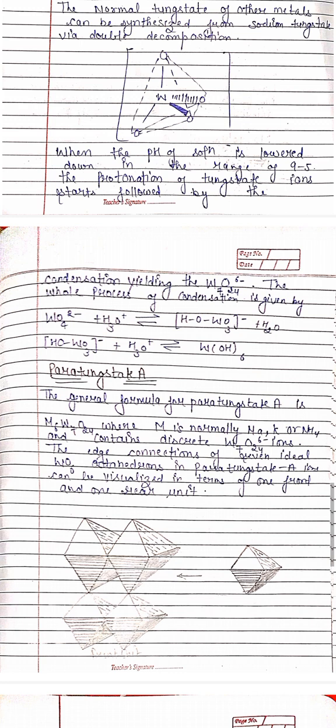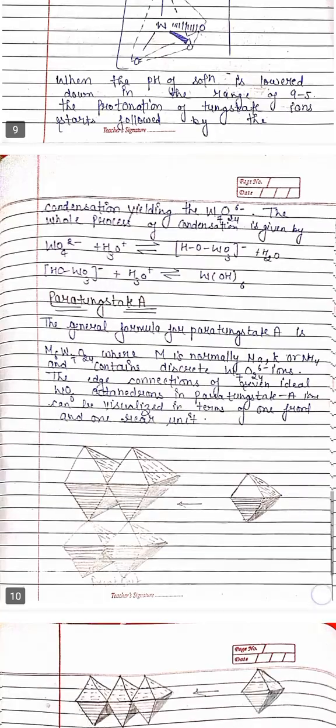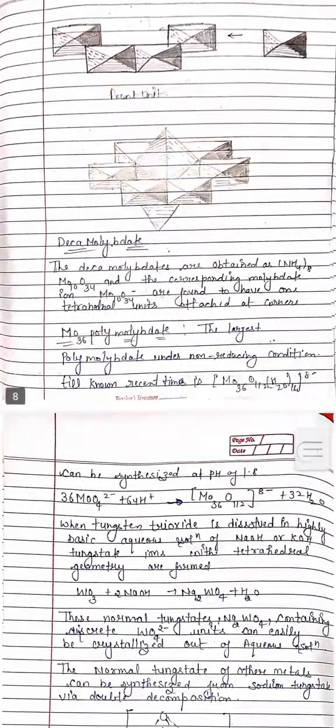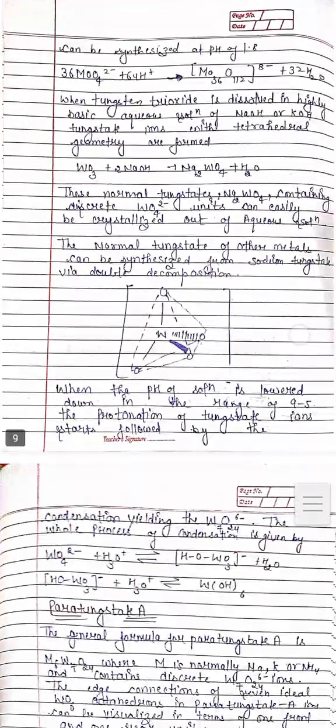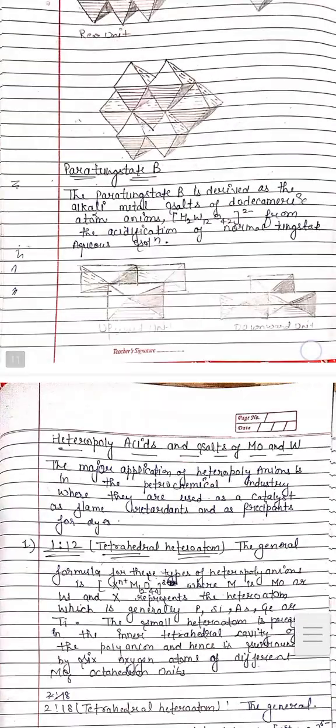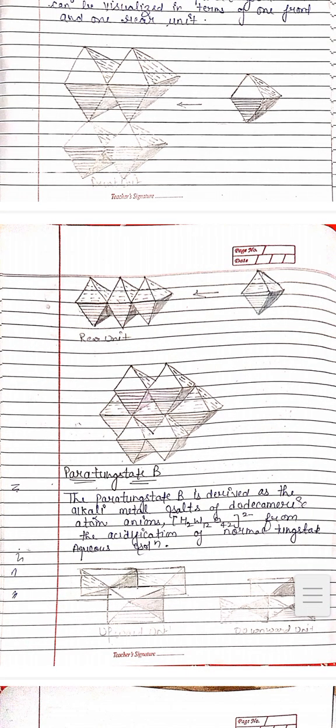The edge connection of 7 ideal WO6 octahedra in paratungstate A ions can be visualized in terms of one front and one rear unit. The whole structure of paratungstate A.